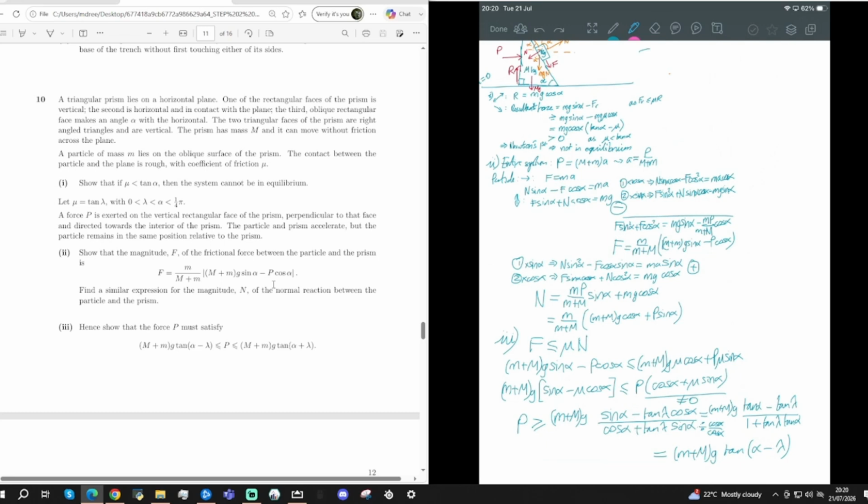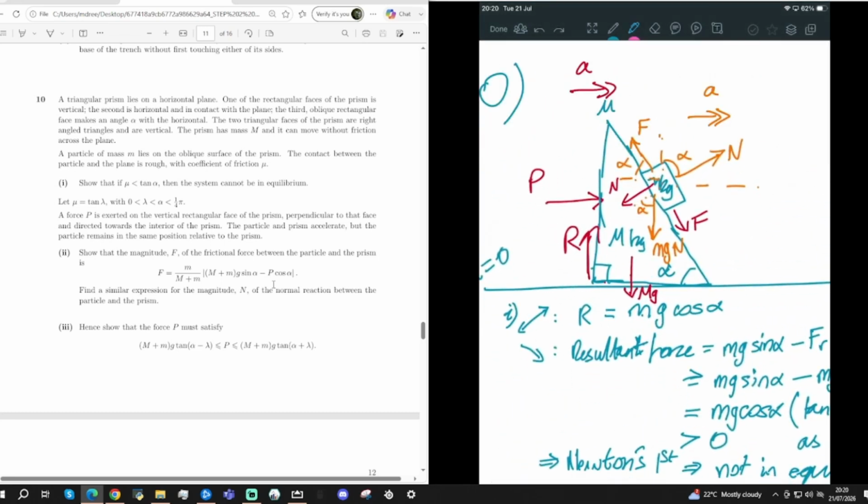And if we think about the mechanics of the situation, we currently have a lower bound. So that's if P is quite small. If we're pushing this quite small, then we're expecting the block to be wanting to slide down the slope. We're not going too fast. But if we made this P really, really big, then actually the block would almost be sliding up the slope.